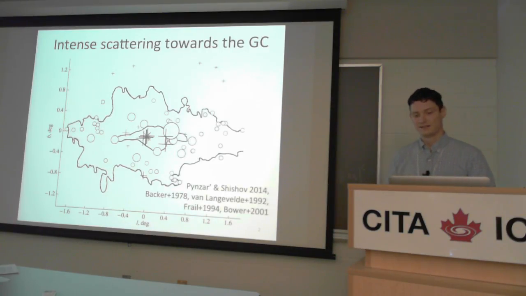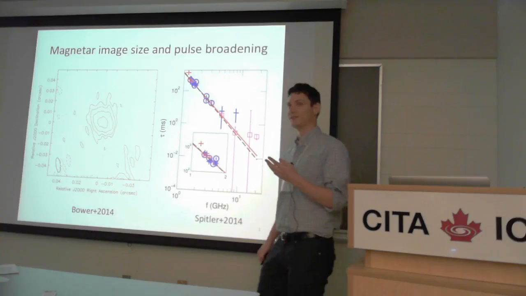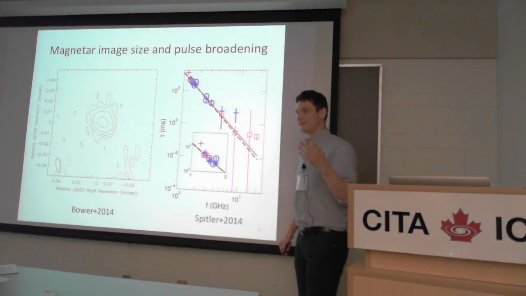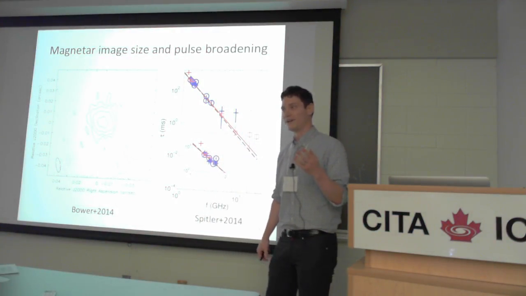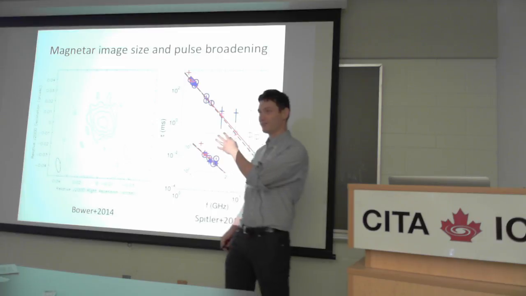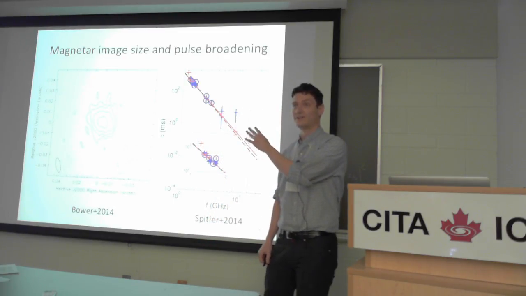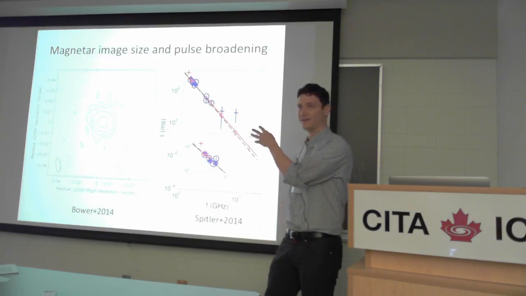Recently this story has changed a huge amount with the detection of the magnetar in the galactic center. This magnetar was detected in X-rays, not as a radio source. It is 0.1 parsec from Sagittarius A*, a few arc seconds away, so well within this region of strongly scattered sources.